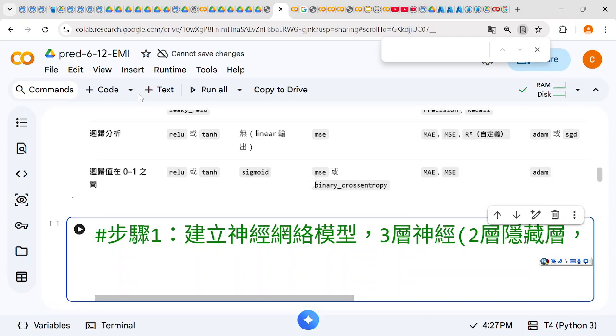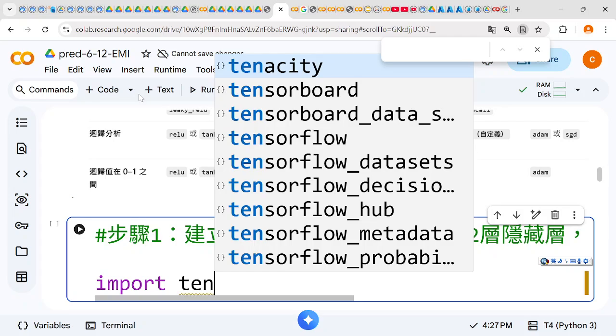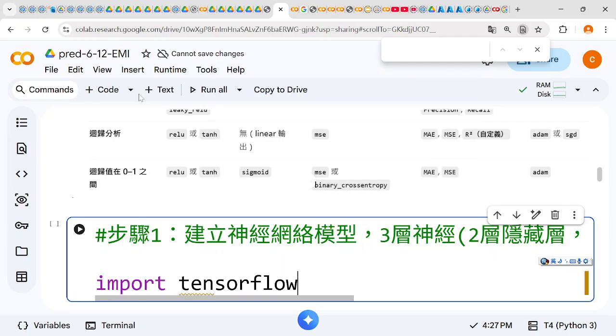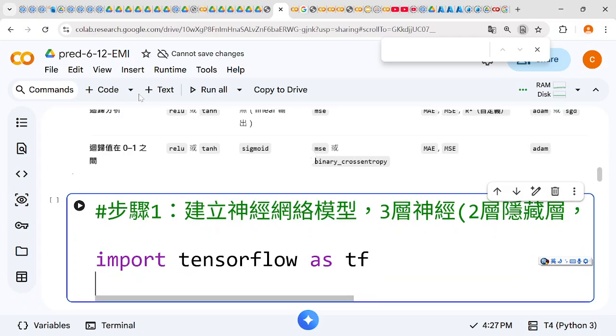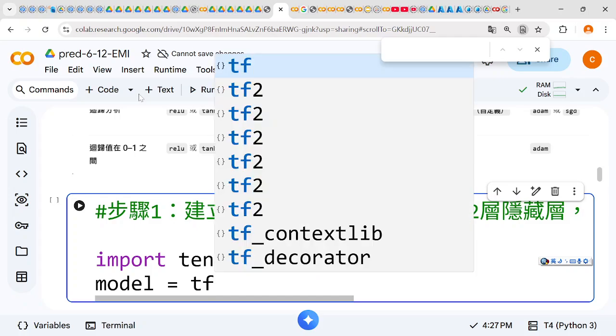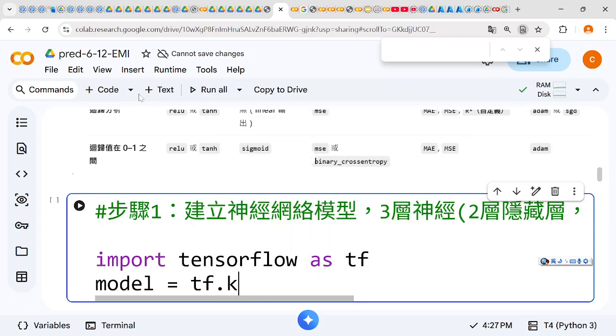I build a model using deep learning, that is TensorFlow, and I use Keras. Okay, I call this TF, and then I build a model, that is TF TensorFlow keras.